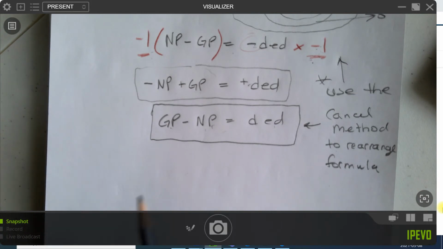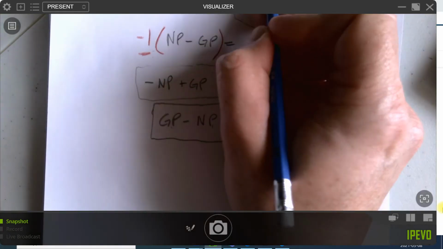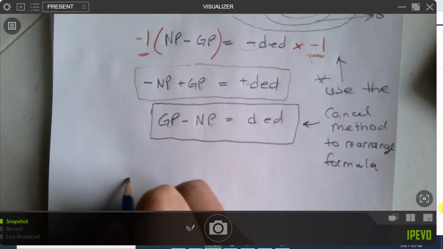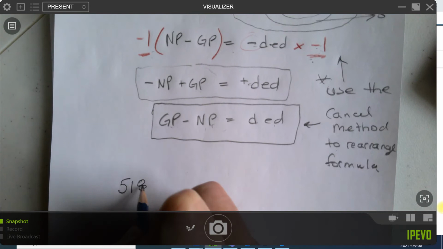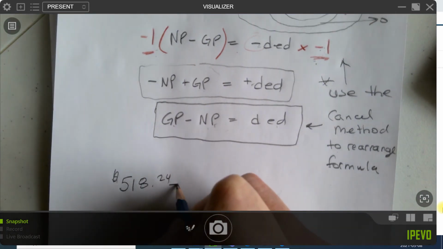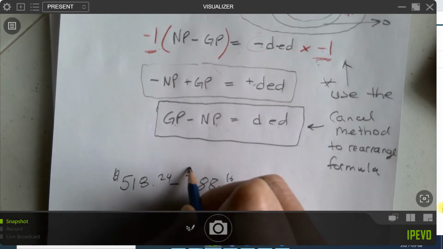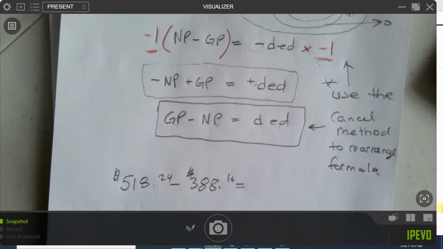So what is our gross pay for Lester? The gross pay was $518.24 minus our net pay of $388.16 is equal to, again, we can just plug that into our calculator.